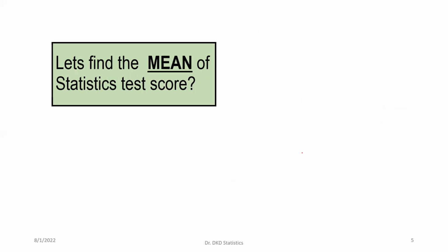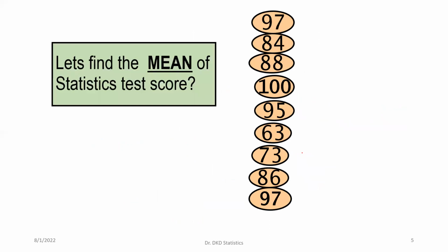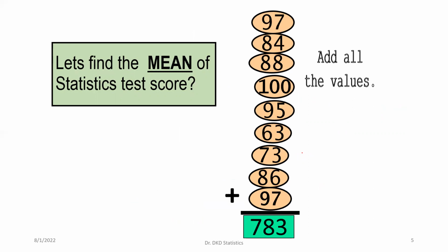Now the next point, let's have an example. Find the mean of a statistics test score. Suppose some students appeared in a test out of 100 marks in statistics and they have obtained certain numbers. So how will we get the average marks of the students here? We'll add all the values. We are getting 783.